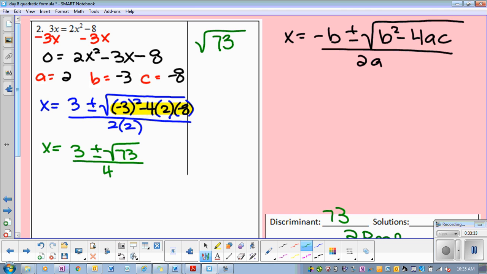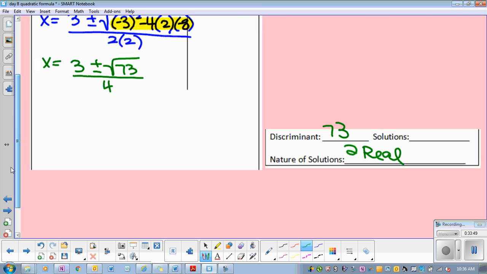Okay? And in order to see what times what gives you 73, you could also plug this into your calculator. Go to y equals 73 divided by x, and you can see all the factors for it. And it's just 1 and 73. So, then can you simplify 3 over 4? No. So you know what?